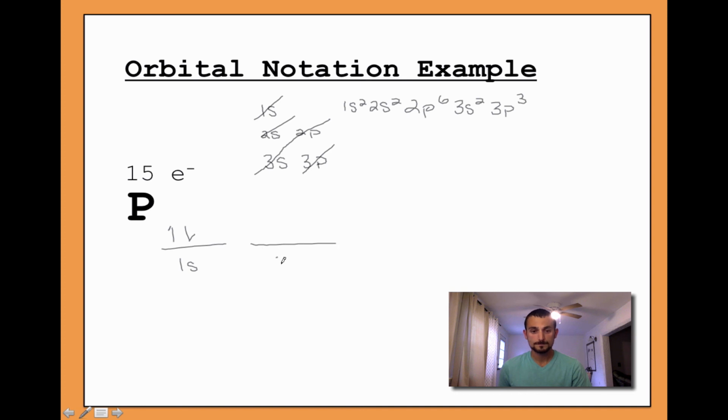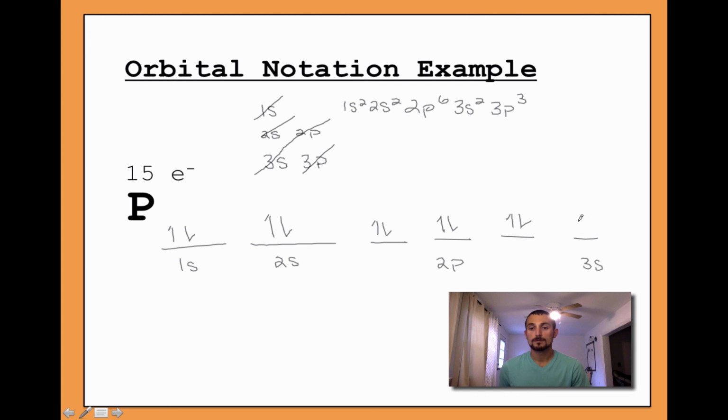Moving on up, we have 2s, start with upspin, downspin, noticing we're filling the lowest levels first, so we're abiding by the Aufbau principle, and then we put 1 in before we put the second according to Hund's rule. Now we know in 2p, we have 3 orbitals, so we put in 1 each, abiding by Hund's rule, and then fill it going down.